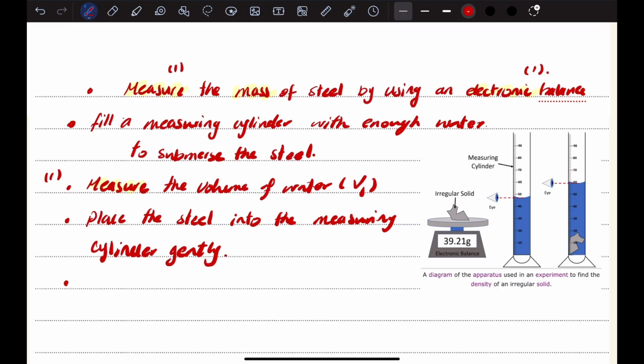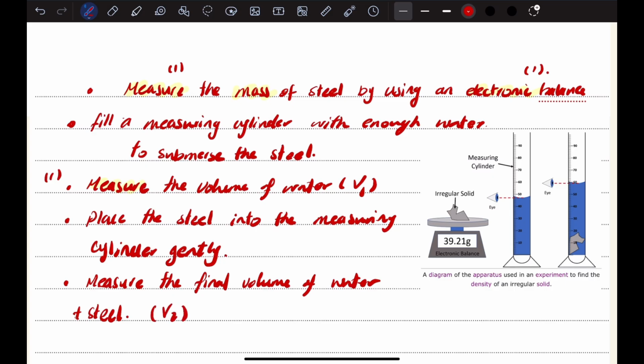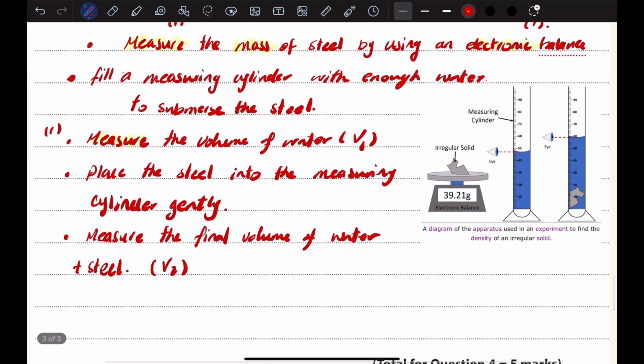We're so close to getting marking point 4. You have to measure now the final volume of water plus the steel, the object. Let me say this is V2.